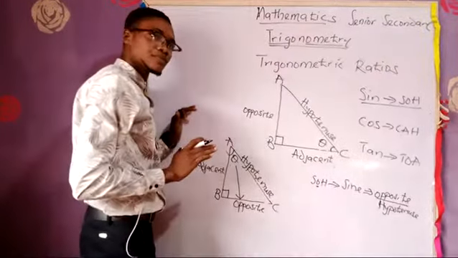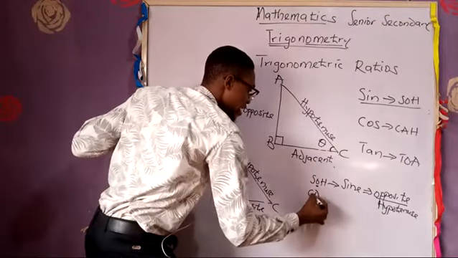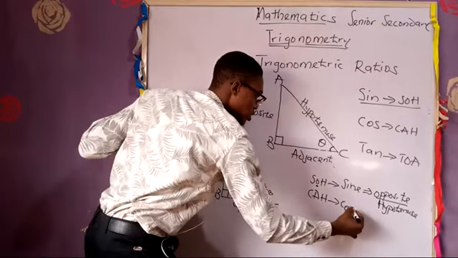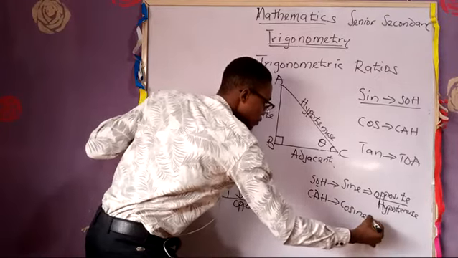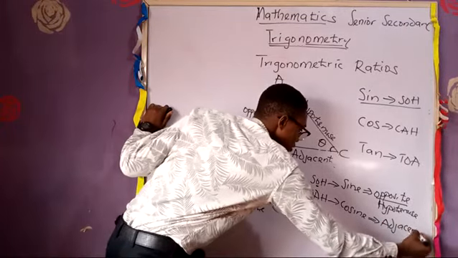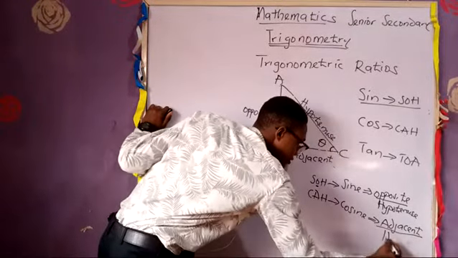Good. What is cos, which is CAH? Cos stands for cosine. We have adjacent over what? Over hypotenuse.